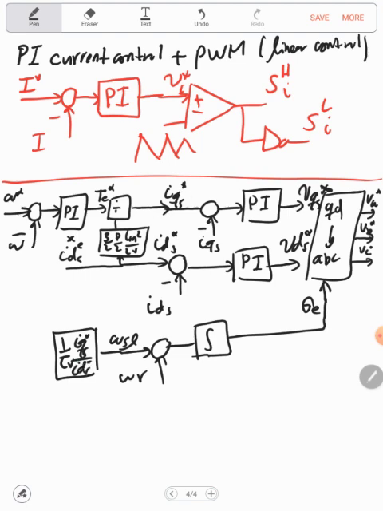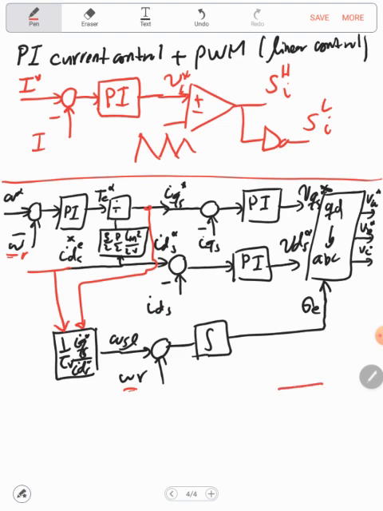And simply here we can take the IDS star, and from here we can take the IQS star. And omega R actually is from the machine. So now we need to find the IQS and IDS.